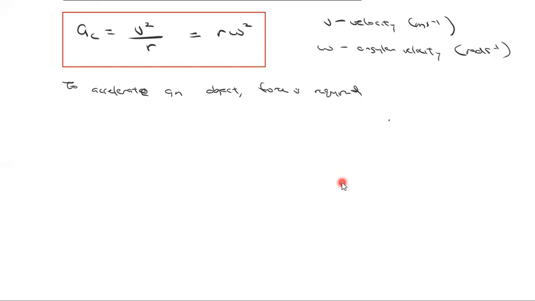Now, we know this has to come from a force. So because F equals ma, then F_c, called the centripetal force, is basically just going to be mv squared over r equals mr omega squared. So this is the centripetal acceleration. And this is the centripetal force.